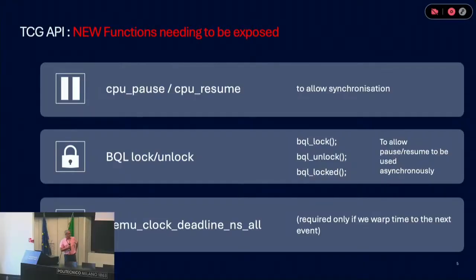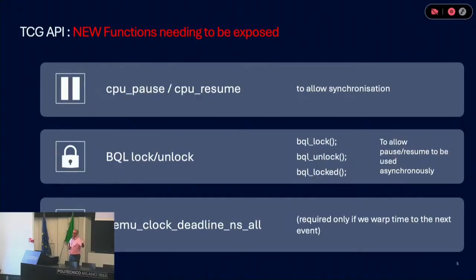However, unfortunately, that's not all that we require. In terms of the experiments we've done and the implementation we've built, we need three other little tiny additions to the TCG plugin. Firstly, we need some mechanism by which we're going to stop and start CPUs.